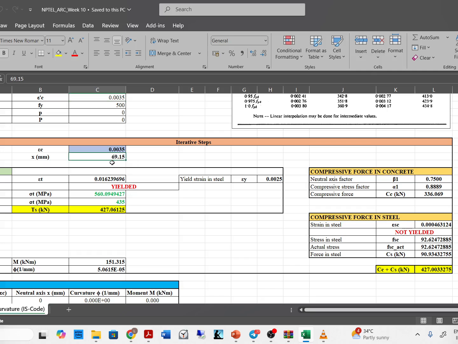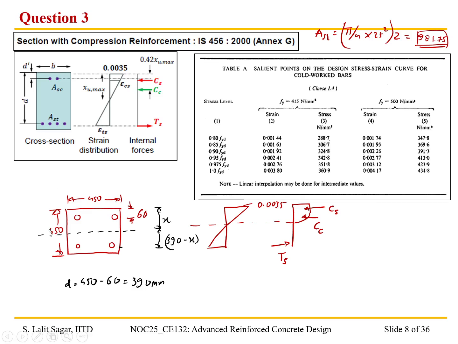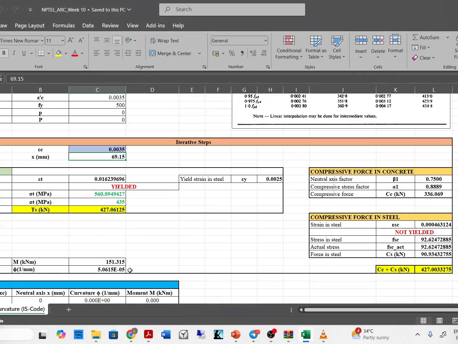It is obtained from a trial and error. If the overall effective depth is 390, we start from a value of d by 2, that is almost 195, and then we perform a trial and error until the tensile force and the compressive force balance out.